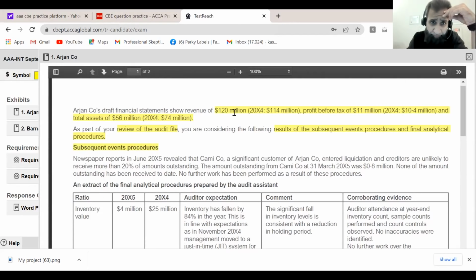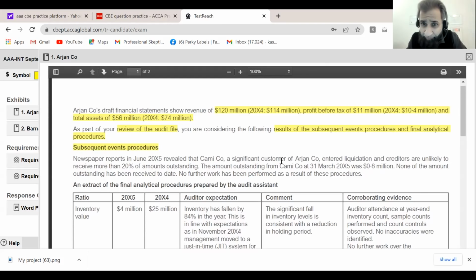Newspaper reports in June 20x5 revealed that Chemi and Company, a significant customer of Urgent Company, entered liquidation, and the creditors are unlikely to receive more than 20% of the amount outstanding. The amount outstanding from Chemi Company at 31st of March was 0.8 million. Out of 0.8 million, the year-end balance, how much will we be able to receive?